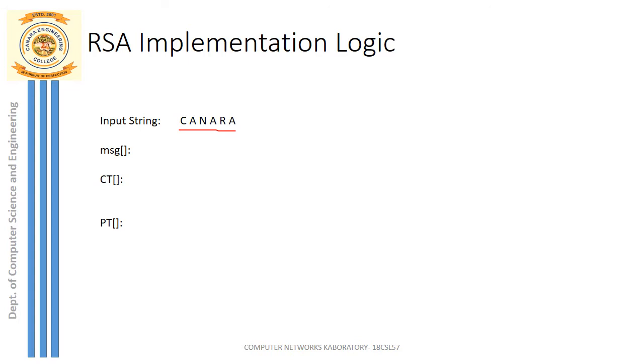We have to convert this string into an array of characters using the predefined function and store it in the array of characters. So the string is converted into an array of characters.